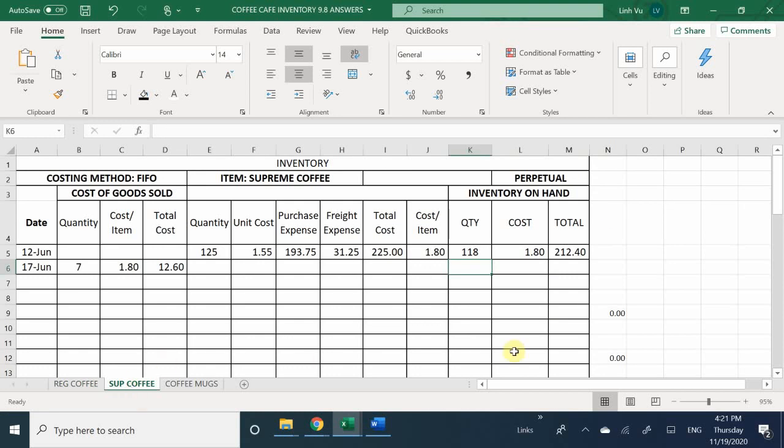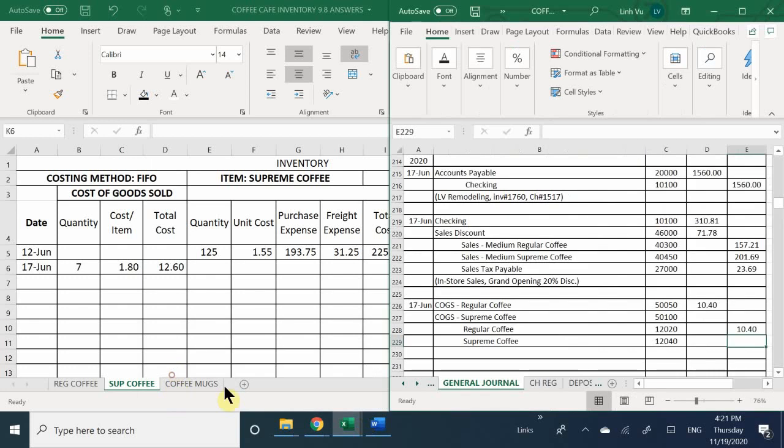So how much did I calculate for my cost of goods sold for my Supreme coffee? $12.60. Good. So I'm going to update this for $12.60, and I'm also taking that $12.60 out of my inventory, which we have already done in our inventory worksheet. Right? Okay?